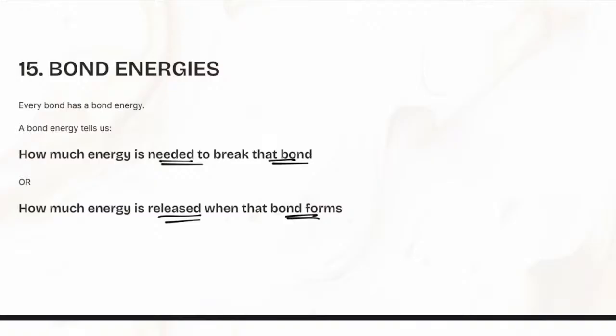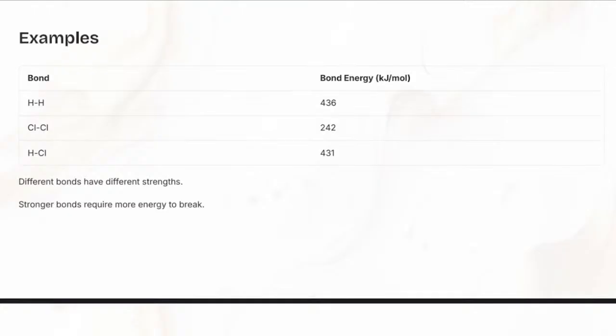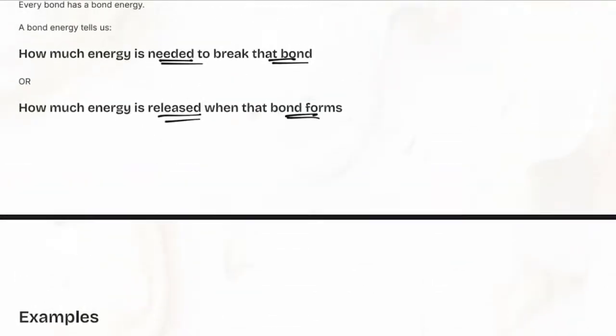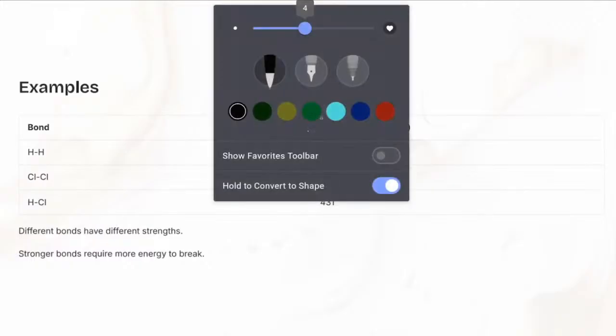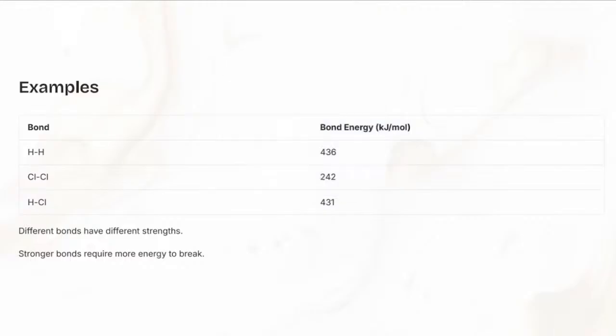Whichever is bigger. Here, when you look at a bond energy, let me tell you, you get a table, okay? And the table will be giving you bond energies of different types of bonds. Look at this. They'll tell you the bond between a hydrogen and a hydrogen, the energy is this. This is telling you what?